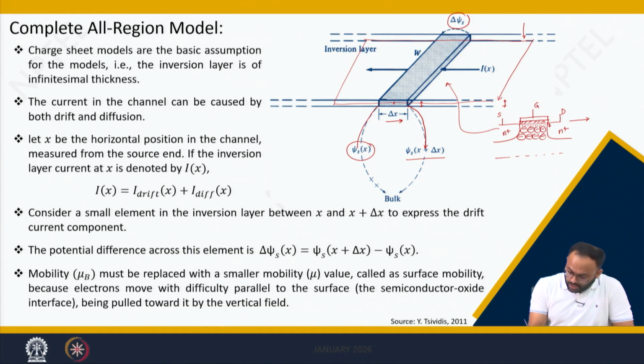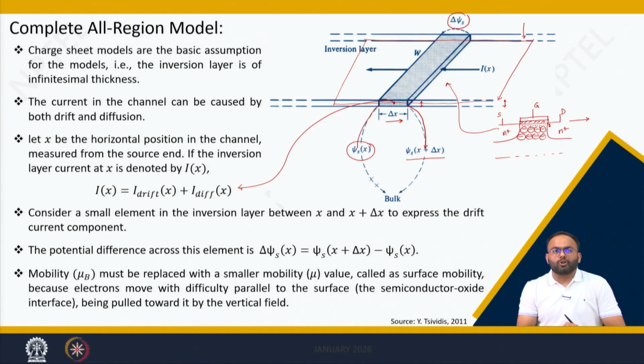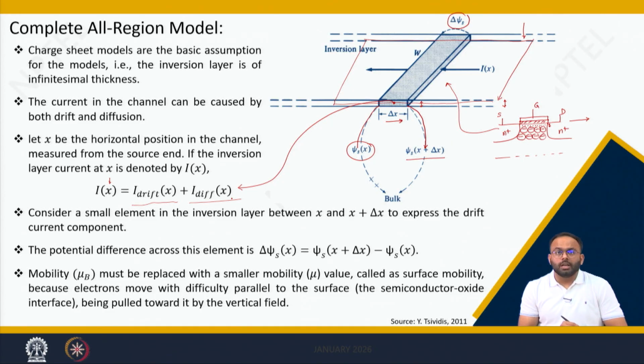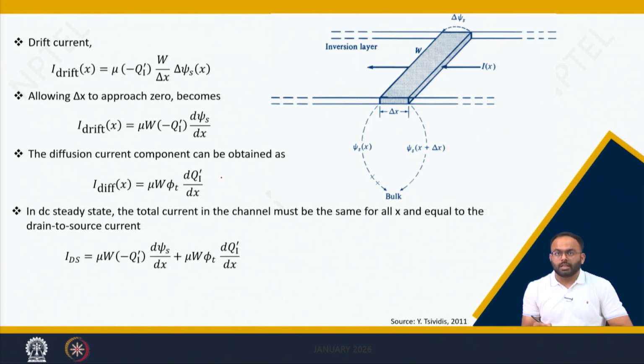At any point in x, the current is given by the drift component plus the diffusion component. So, we can write I x is nothing but I drift x plus I diffusion x. We can find the components of I drift and I diffusion from our previous analysis.